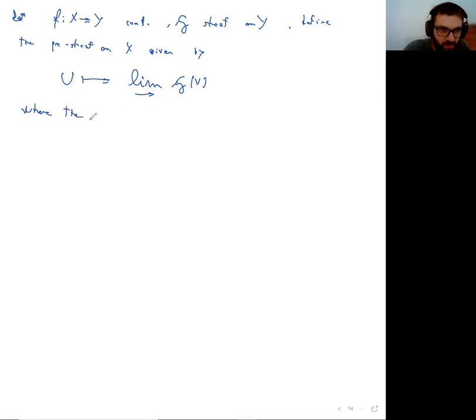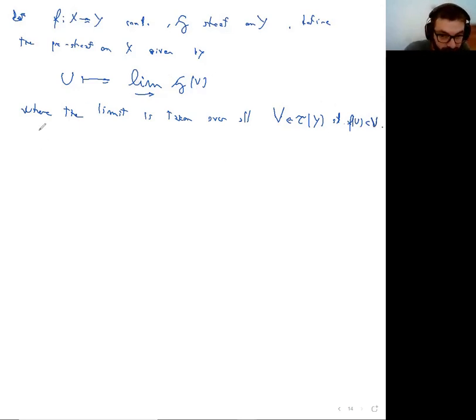So where are these V coming from? The limit is taken over all V's which are open sets in Y which contain the image of U.